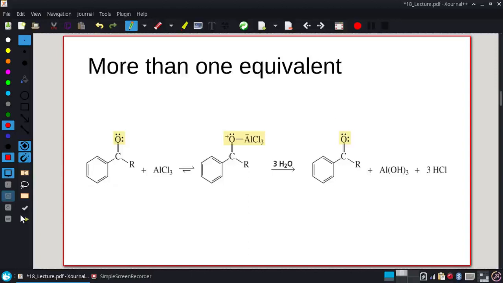So we can't really do this twice. Even though the aluminum chloride is an acid catalyst, we typically have to use one whole equivalent at least, just to make sure it happens, because the aluminum chloride will actually get used up as we go along and form this complex.